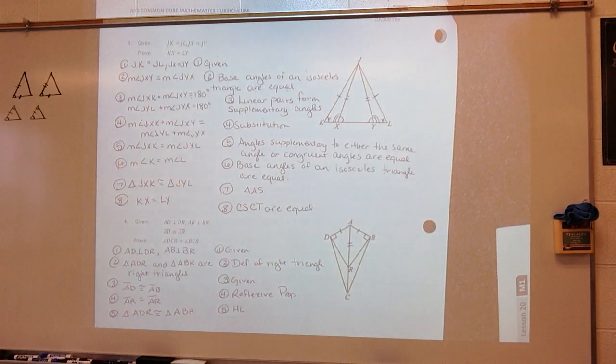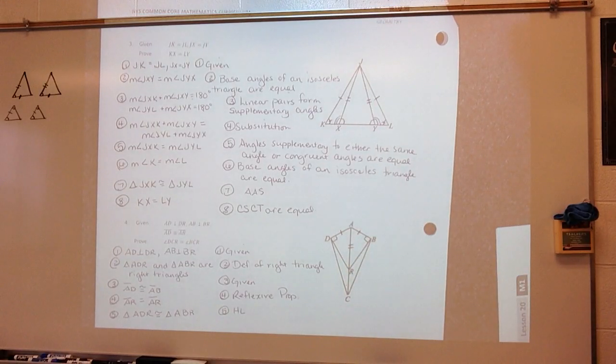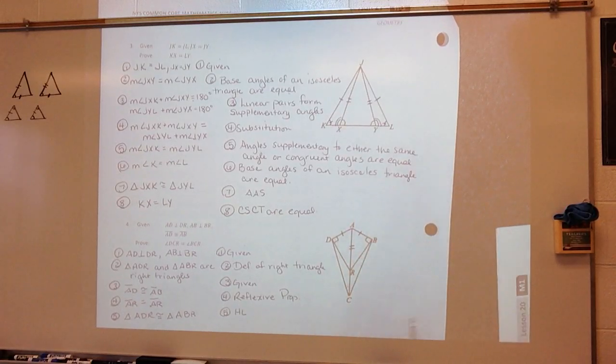Okay, now, why is that important? Well, let's think about this for just a second. They want us to prove that these two angles, DCR, are congruent. So I have to figure out where I can go from here to help me get to that point. Well, I'm going to talk about ARD and ARB.